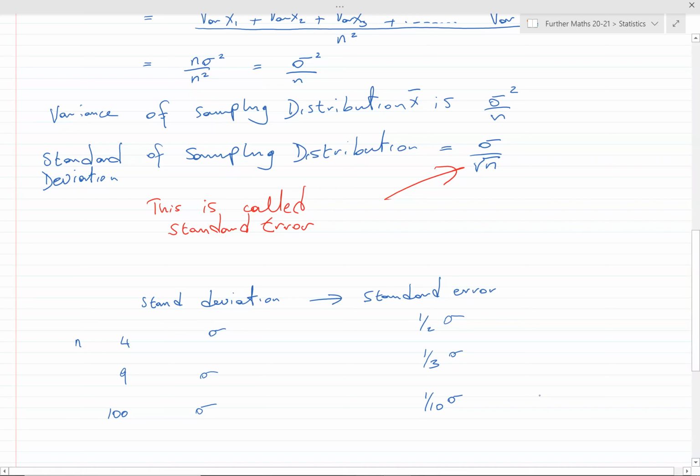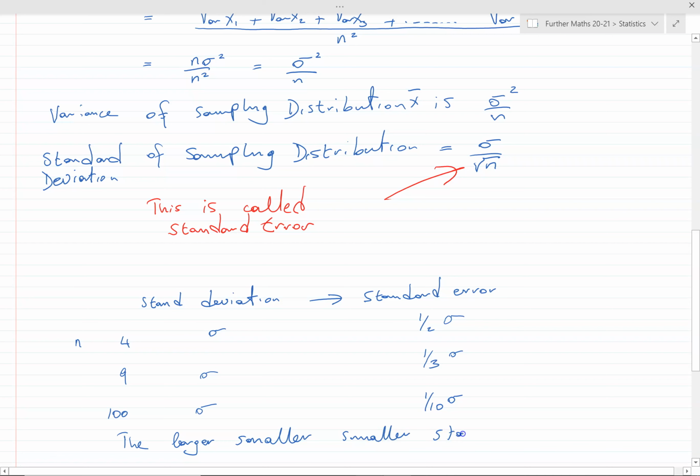That is quite significant when we're deciding what the sample size is, which is why it can be quite costly to choose really large sample sizes in hypothesis testing, because the gain is relatively marginal. But of course, we do need to take samples, because the larger the sample, the smaller the standard error.